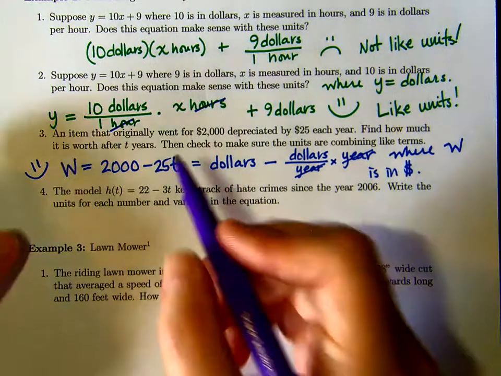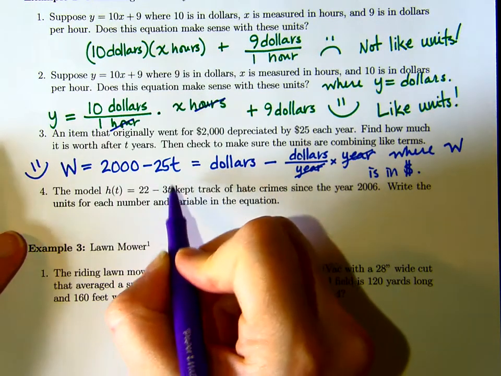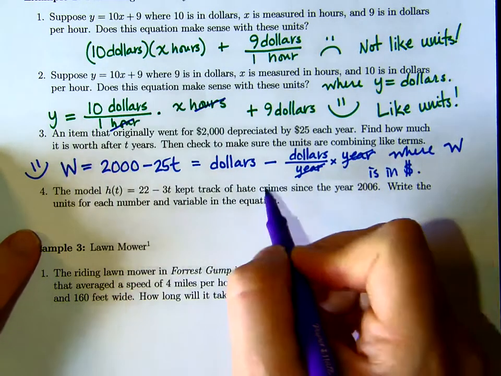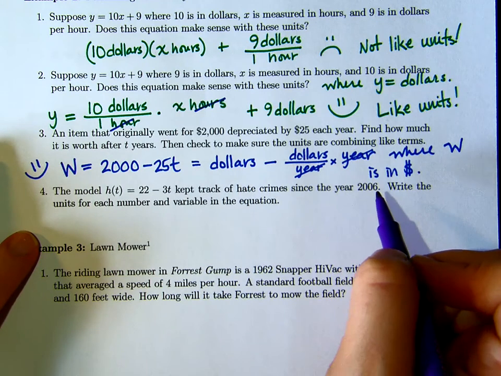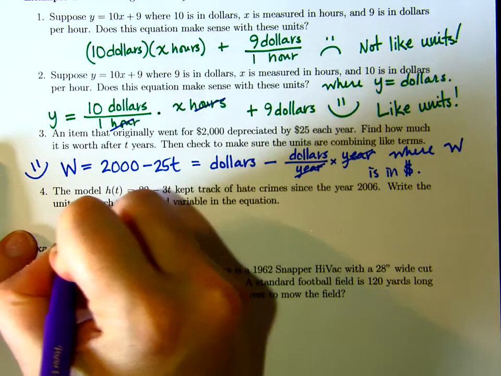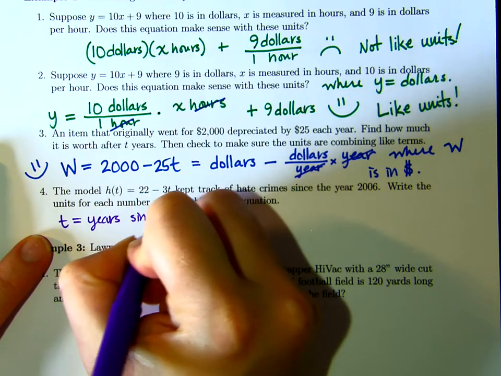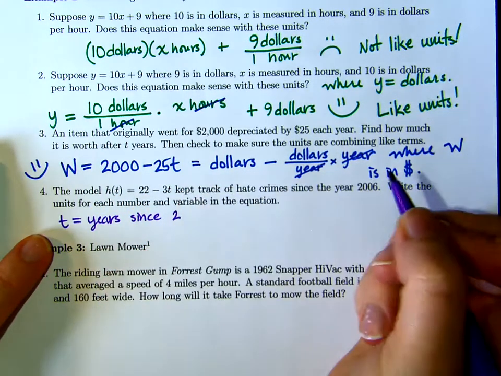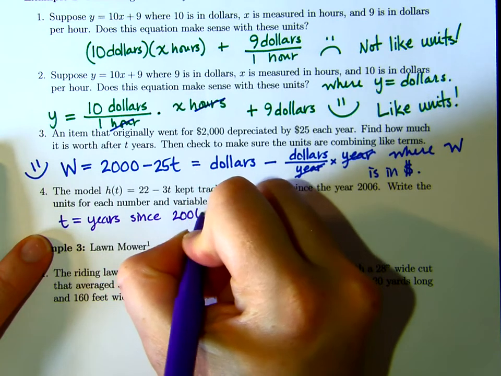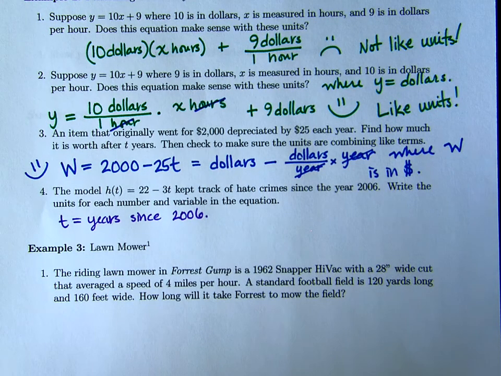Okay, so it looks like it's been going down. It says that this is since the year 2006. So immediately I can write that T is years. That's kind of hopeful. I like that.